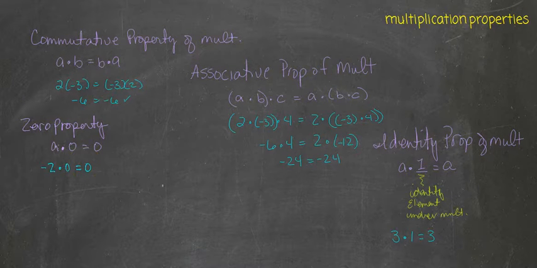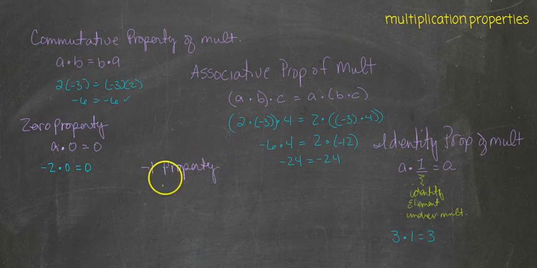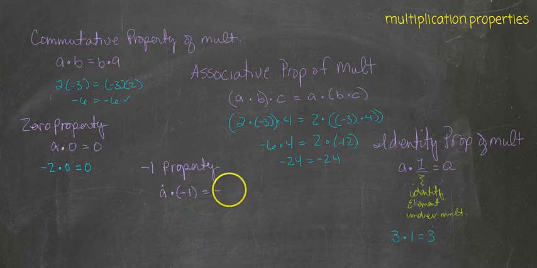And then the other property that replaces the inverse is the property of negative 1, or the negative 1 property. And you can imagine what that is, that A times negative 1 equals negative A, that you get the opposite.